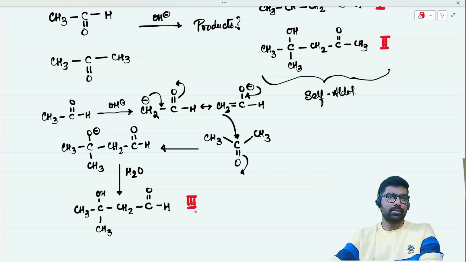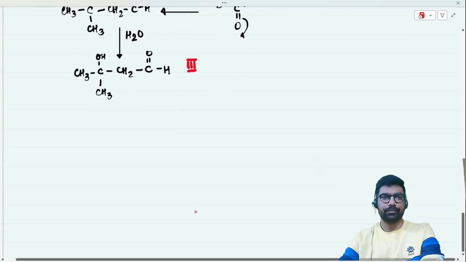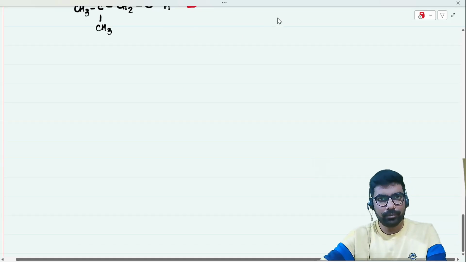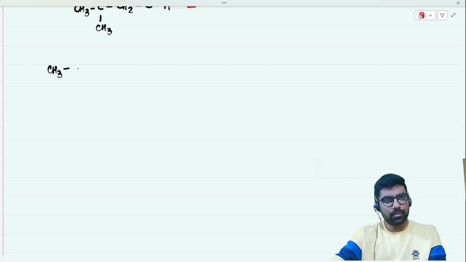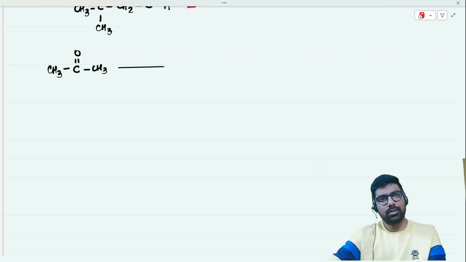In a similar sense, the acetone can also undergo the first reaction. So let's do that also. CH3, C double bond O and CH3 is there, and OH minus comes to attack.